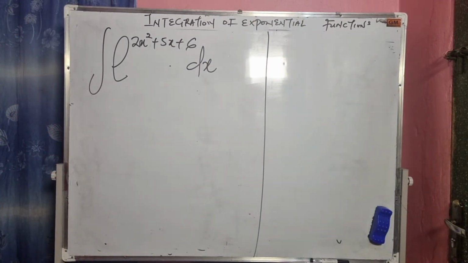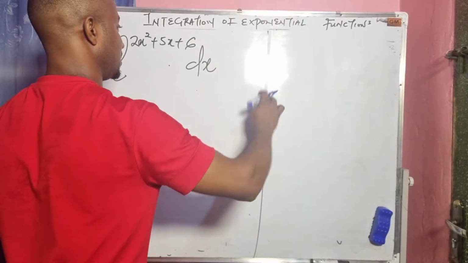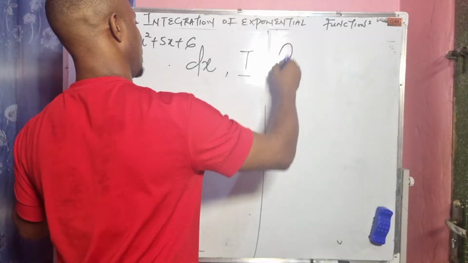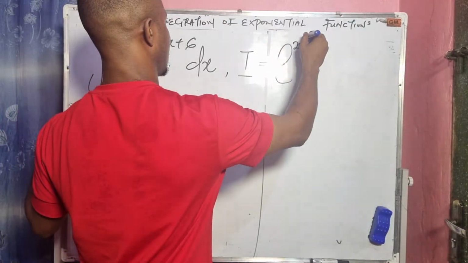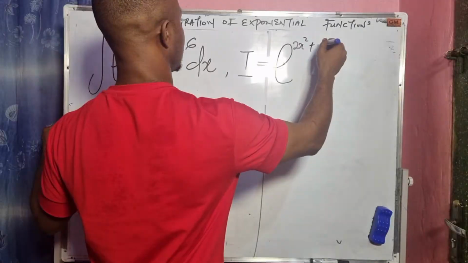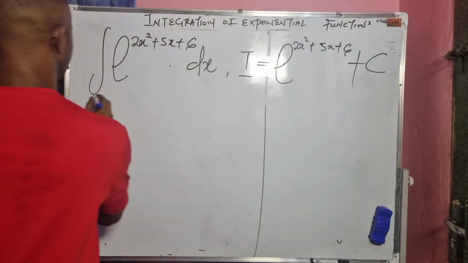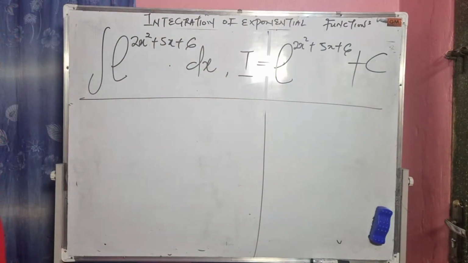What will be the answer to this? The answer to this remains the same. It remains as I equals exponential 2x squared plus 5x plus 6, then plus c.